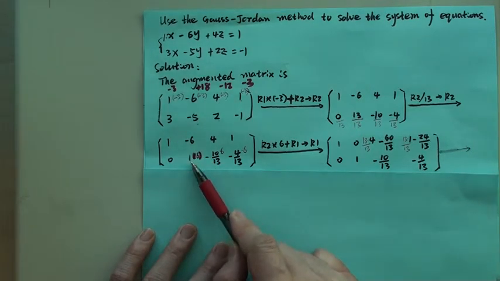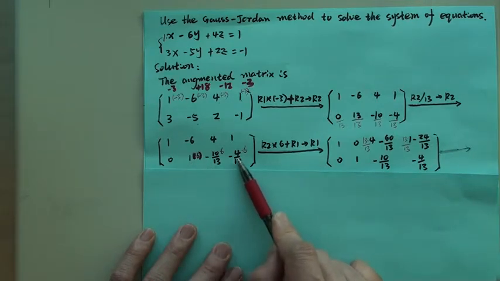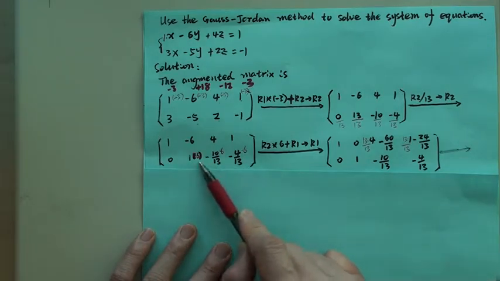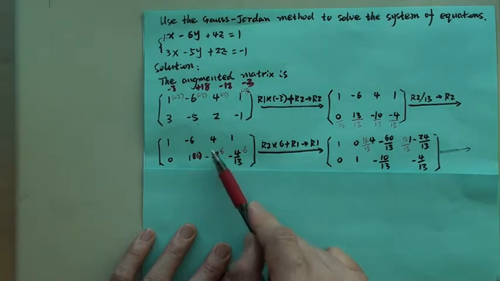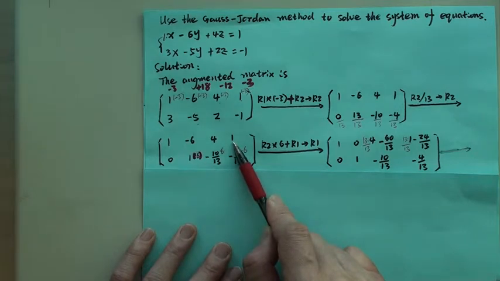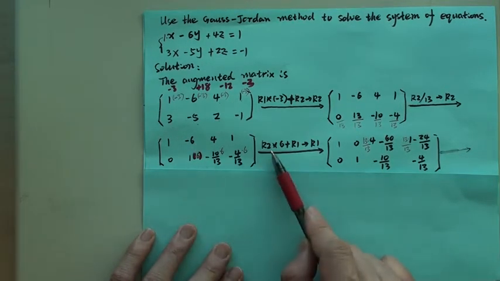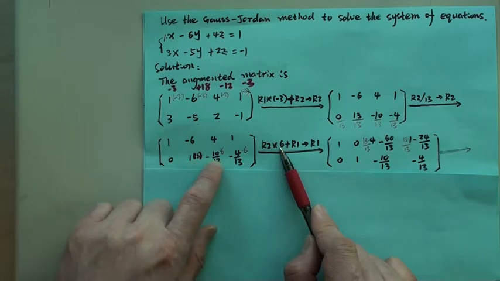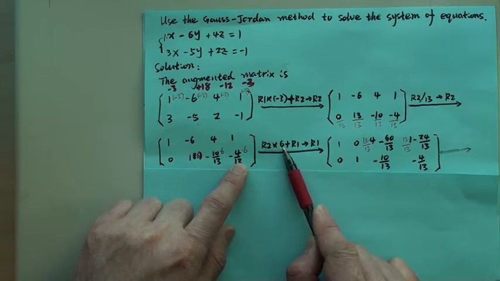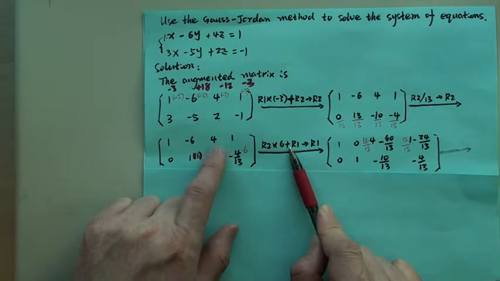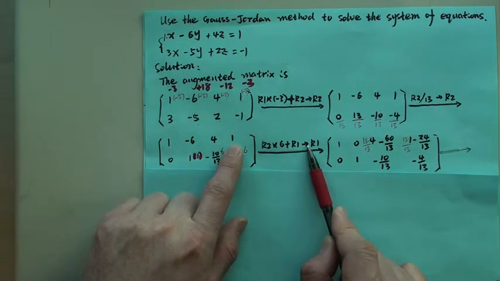If we multiply this row by positive 6 and add to row 1, then this element, negative 6, is going to be 0. So what we do is multiply row 2 by 6 and add it onto row 1, and we get a new row 1.